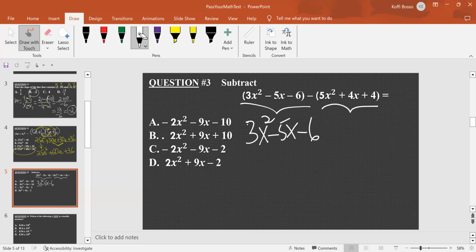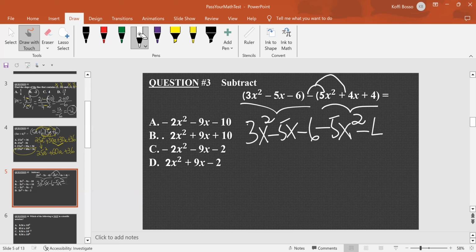Yes, this is where you have to pay attention, because that negative sign here between the two polynomials will multiply any sign inside the parentheses. Therefore, we're going to have a negative 5x squared. The same negative sign here will multiply the other sign to change it to negative.